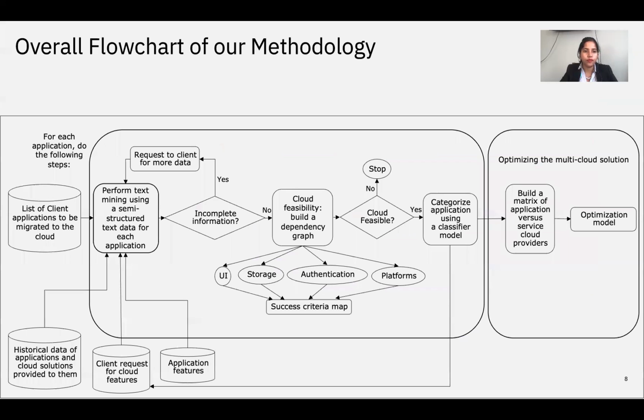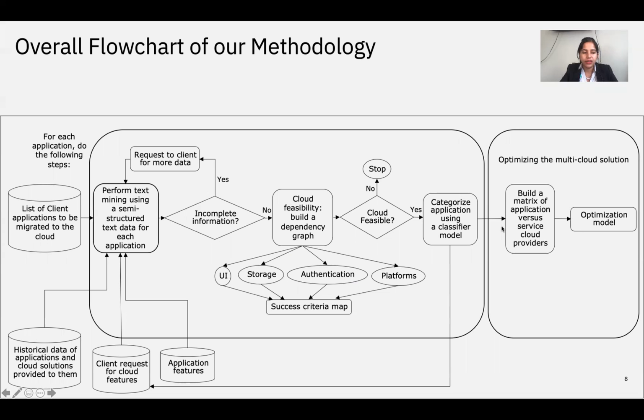So here is an overall methodology, a flowchart of the methodology where we are taking as an input the metadata of the applications that we want to migrate to cloud. These are taken in as inputs to our model where we perform text mining on the semi-structured data for each application. We evaluate whether it's feasible or not using a dependency graph.